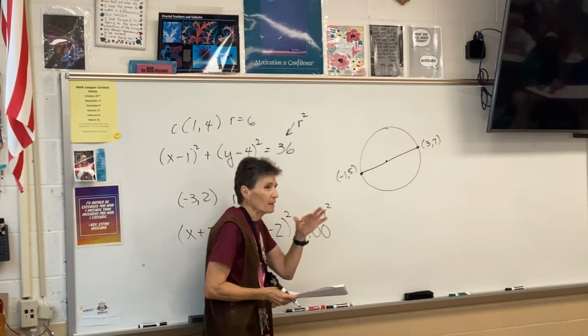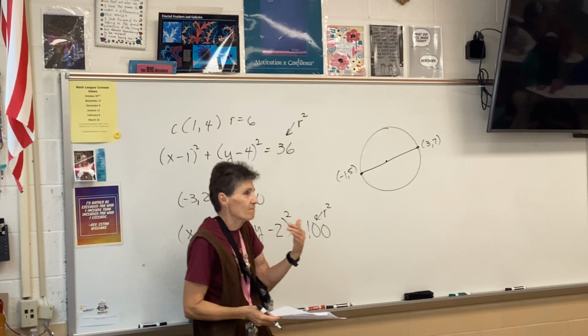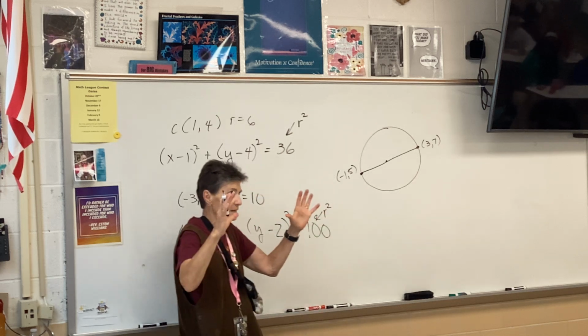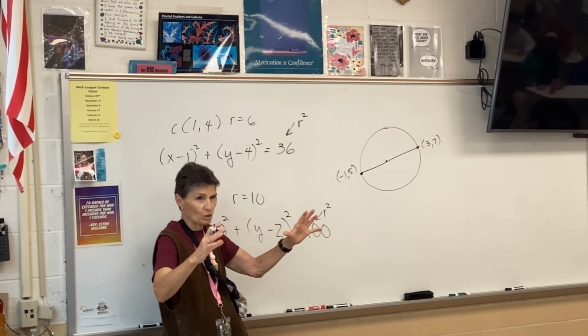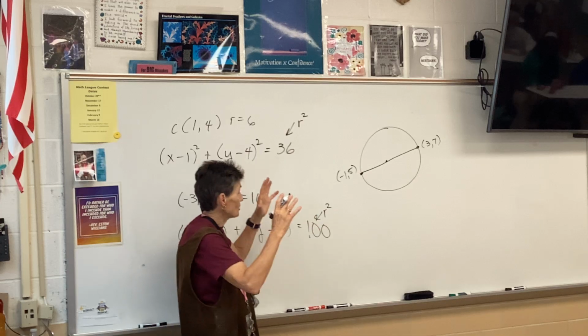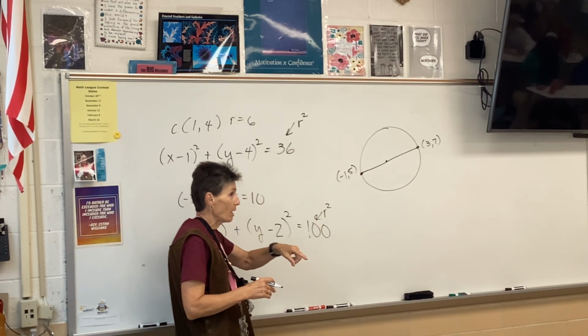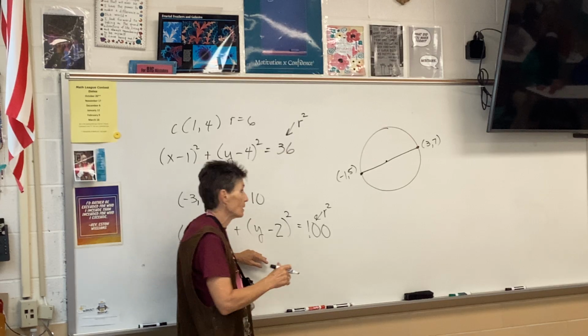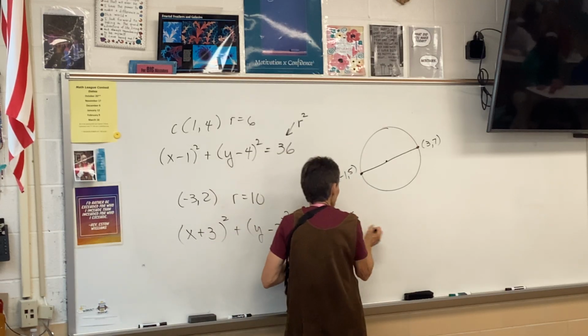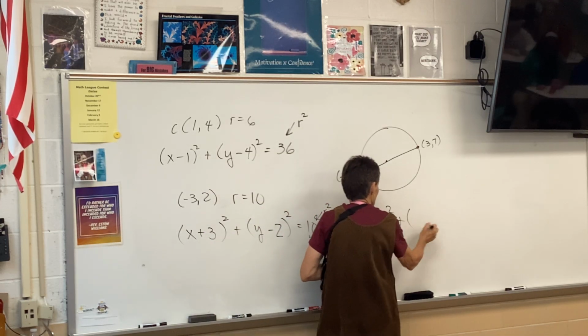Now notice, I'm not plotting this, I'm not drawing an official picture of it. I just want to get a visual of my situation. I got this circle, I know that's a diameter. My job is to write the equation. So I, at some point, have to come up with this.